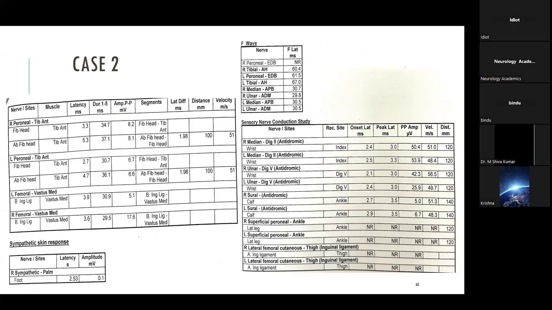Right peroneal F-wave is absent, but bilateral tibial is prolonged. Left peroneal is also prolonged. On sensory, left superficial peroneal and lateral femoral cutaneous are absent.